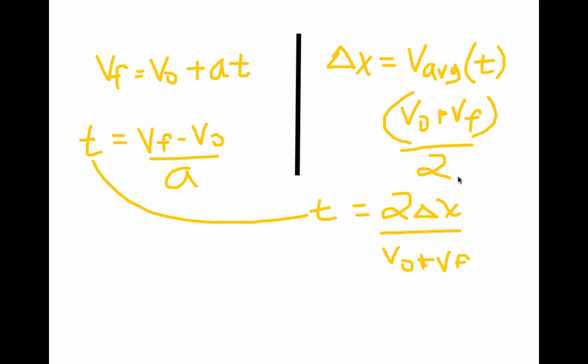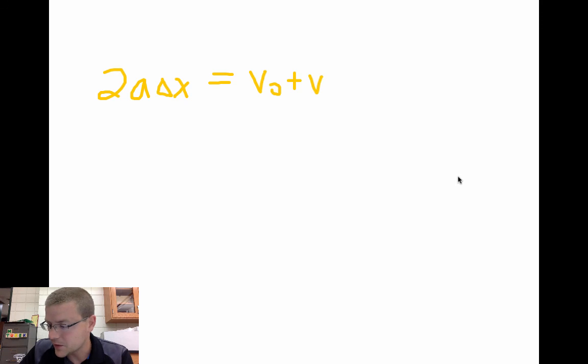That'll end up giving you Vf minus Vo over a equals 2 delta x over Vo plus Vf. Just doing some rearranging and cross multiplication here, you'll end up with 2 acceleration times displacement, and on the other side you're going to have to multiply Vo plus Vf and Vf minus Vo.